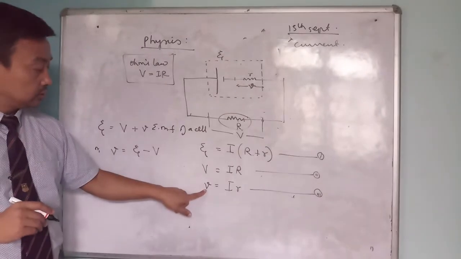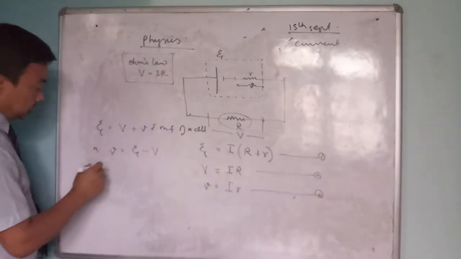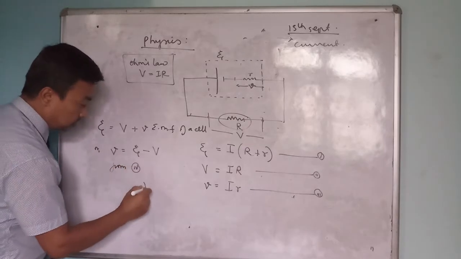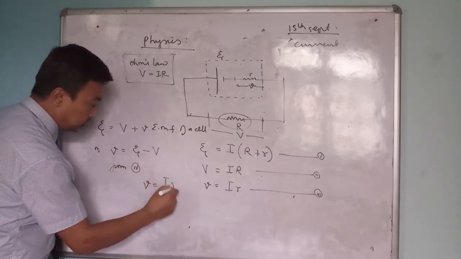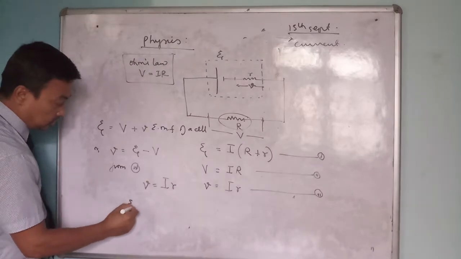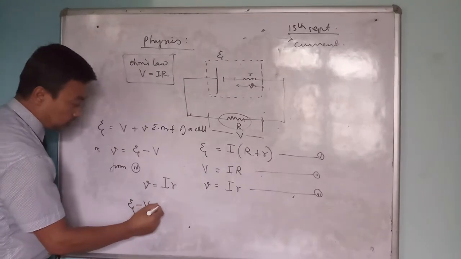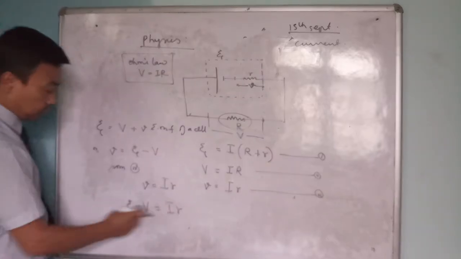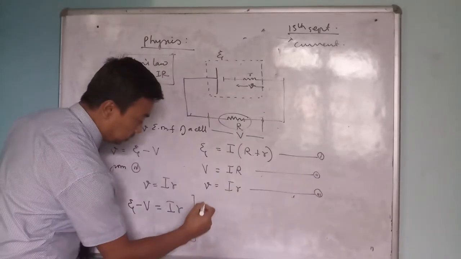So let us take the third equation, V equals I into R. Now, what is the value of V? EMF minus terminal voltage equals I into R. And from here, what will be your internal resistance?